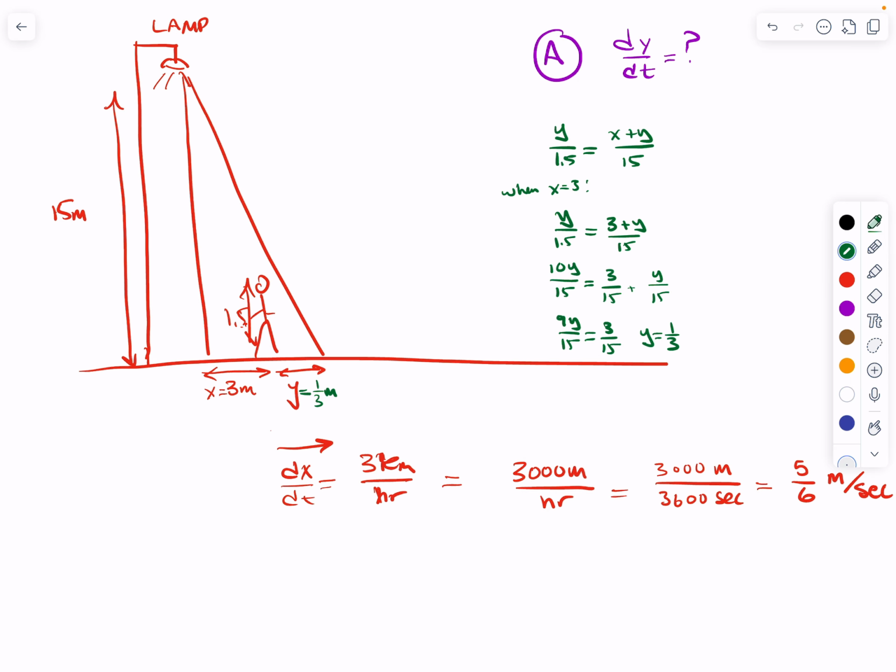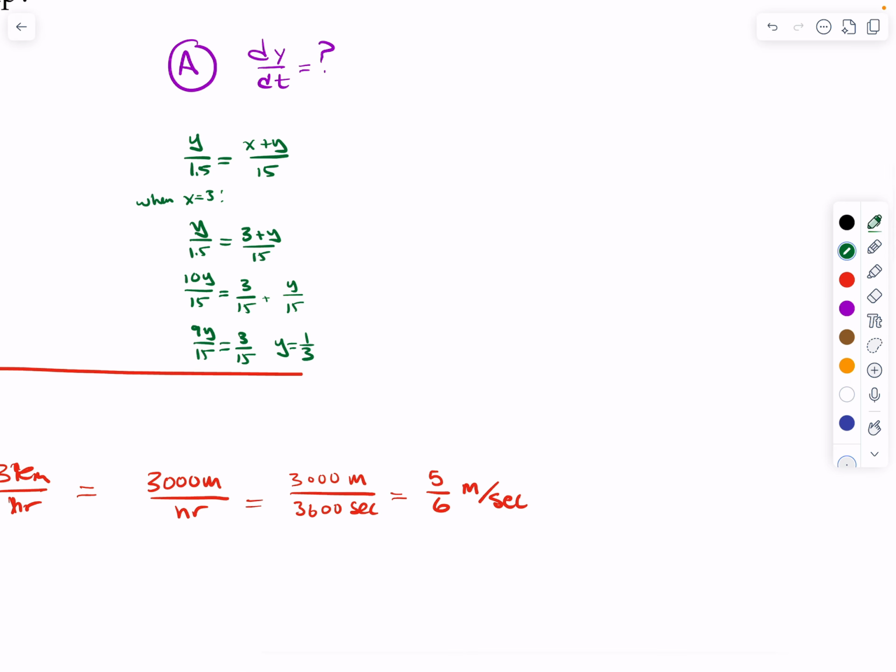Okay, next we figured out what y was at that moment. So now use this relationship. We're going to differentiate with respect to time.